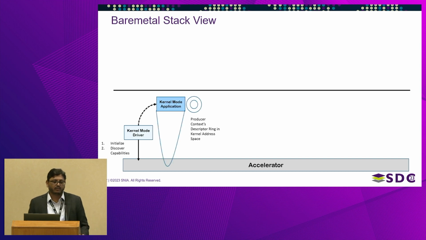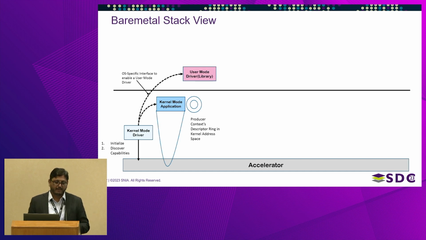You may want to use a kernel mode application to perform that data movement. Say, for example, an operating system wants to tier memory between persistent memory and local DRAM, and that may be an application in the kernel space. So you want to give it a work descriptor ring for it to be able to perform this type of tiering and directly work with the accelerator.